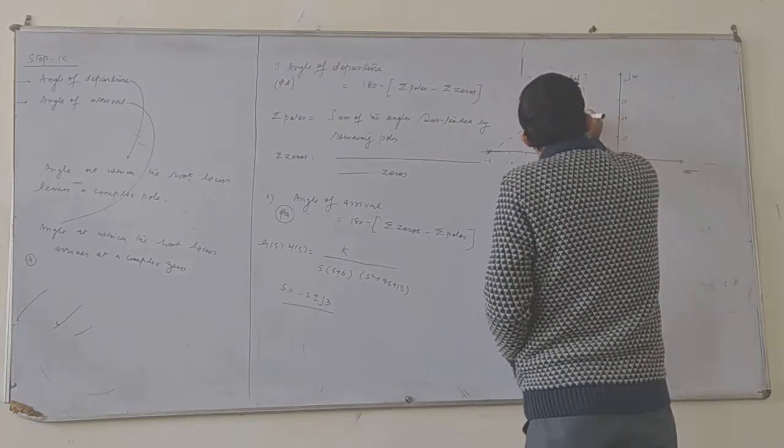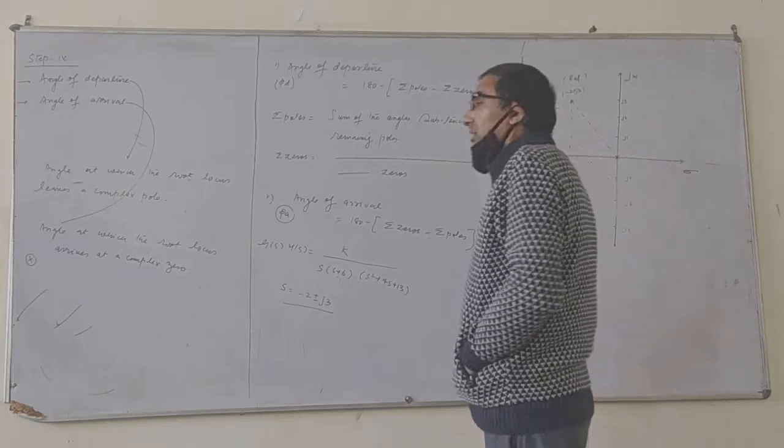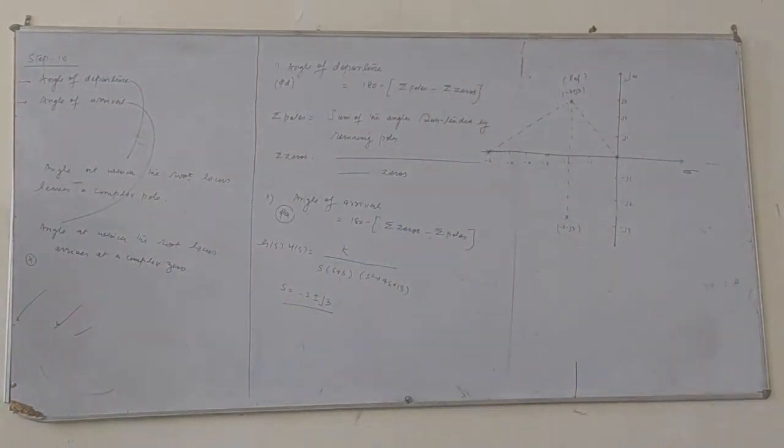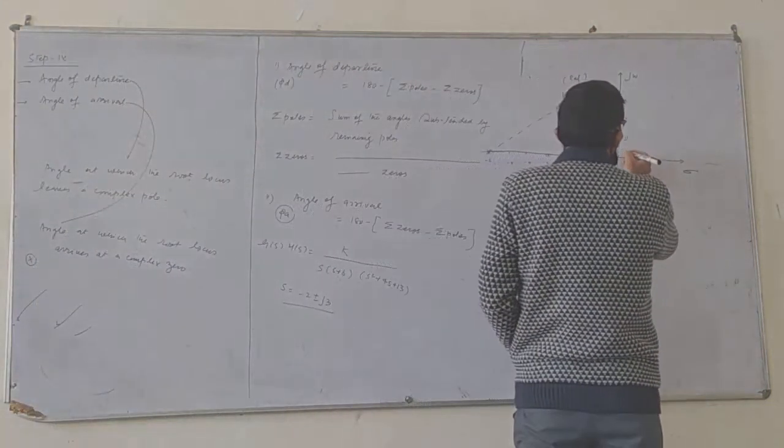Number 3 is this. This is the number 1 construction. You have to draw the line from the reference pole, and that should be meeting the other poles. Now the second thing you have to do is find the angle with respect to the real axis. I need to find this angle, this complete angle.